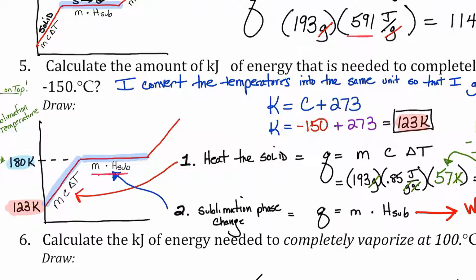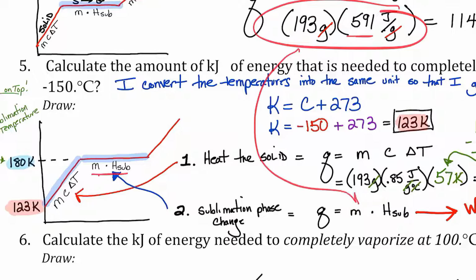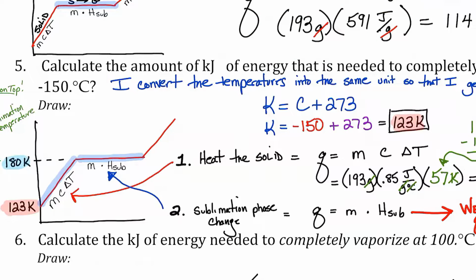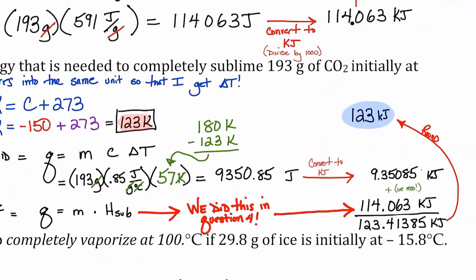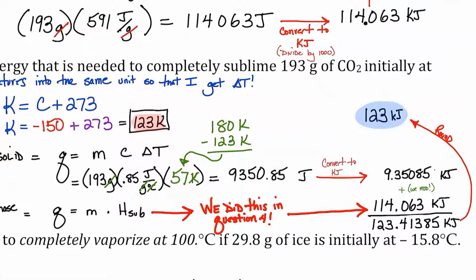That's what this formula is here. Can't use change in temperature. So this value here is exactly what we do here. No need to recreate the wheel. I'm just going to use the value that I did in question 4, which is written above here, and include it here. I'm going to add these two together.